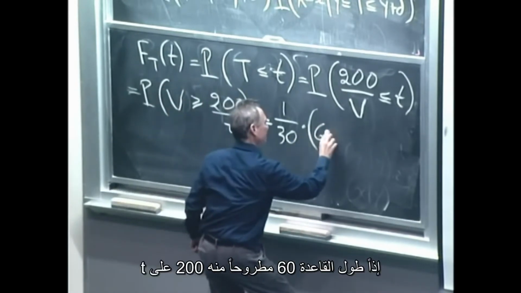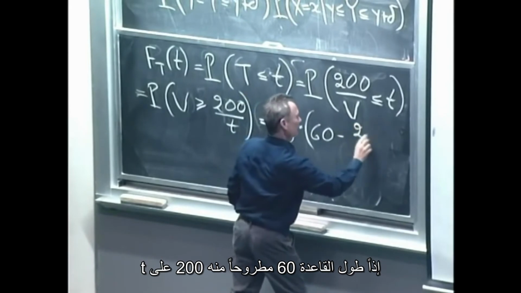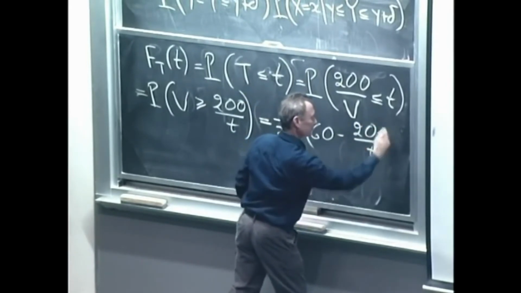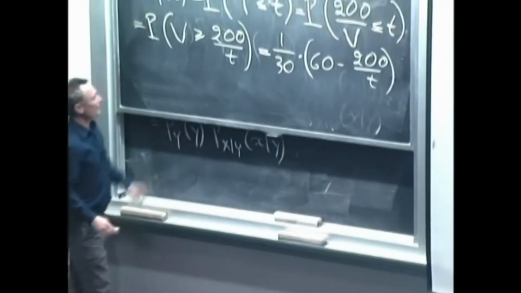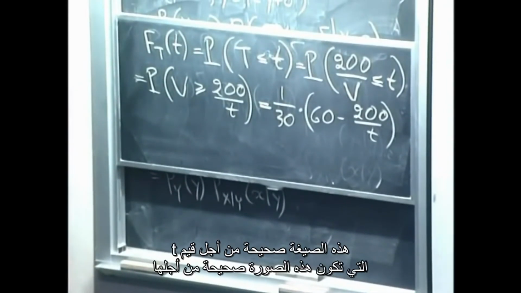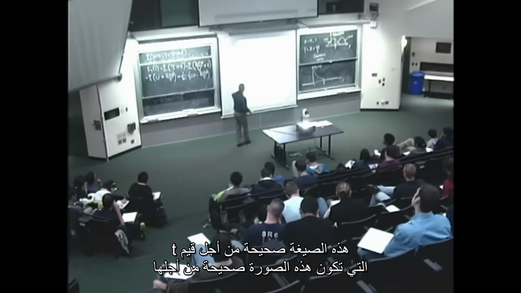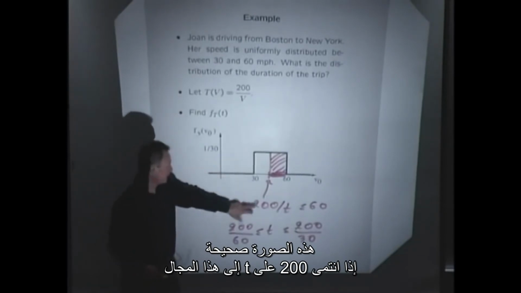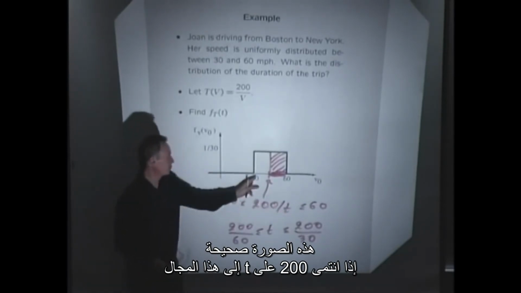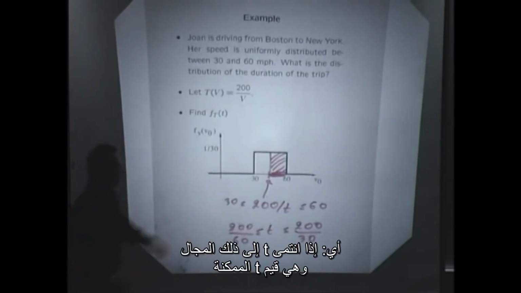So the base has a length of 60 minus 200 over T. And this is a formula which is valid for those T's for which this picture is correct. And this picture is correct if 200 over T happens to fall in this interval, which is the same as T falling in that interval, which are the T's that are possible.